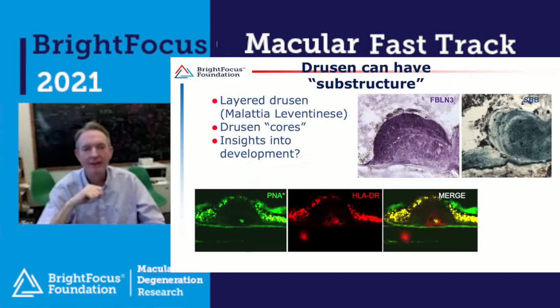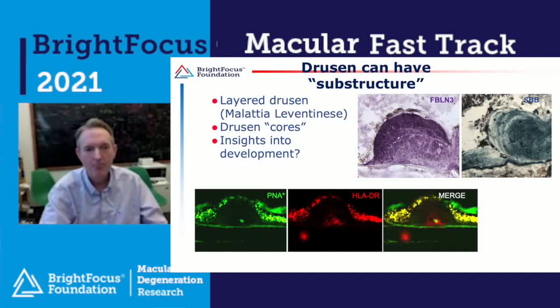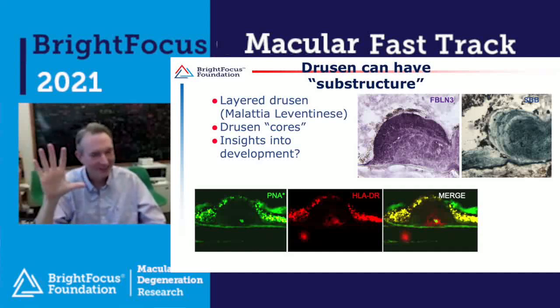One thing that is worth being aware of is that drusen can also have substructure. While in many cases we see these hard hyaline drusen, you don't really see much variability from the top to the bottom. In some cases you do.